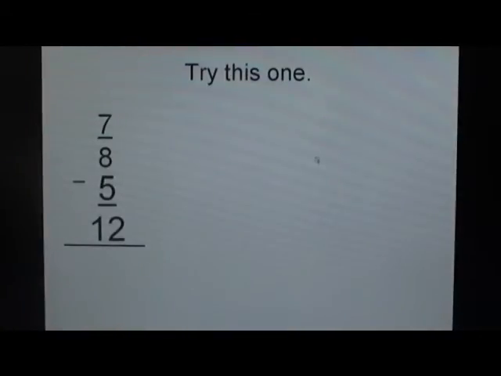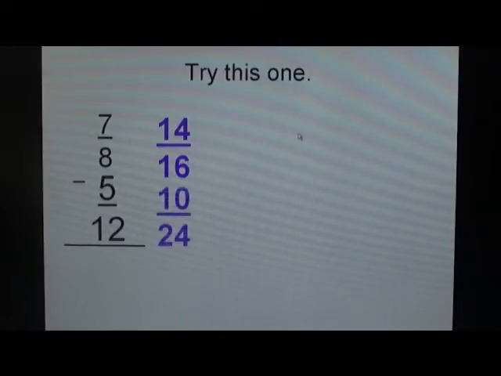How about this one? Well, give it a try and come back, or stay here and watch the demonstration. Okay, again, we're looking for a common denominator because 12ths and 8ths are not the same size. If we make the second equivalent fraction 14/16, we have to keep going because we still do not have a common denominator.